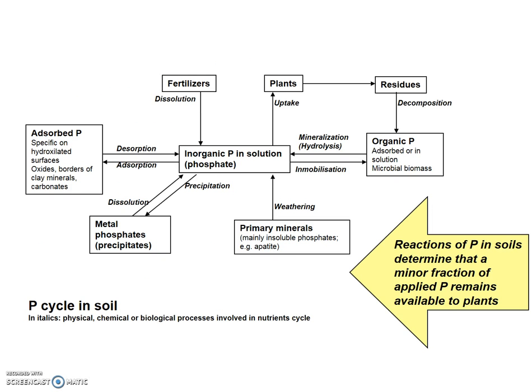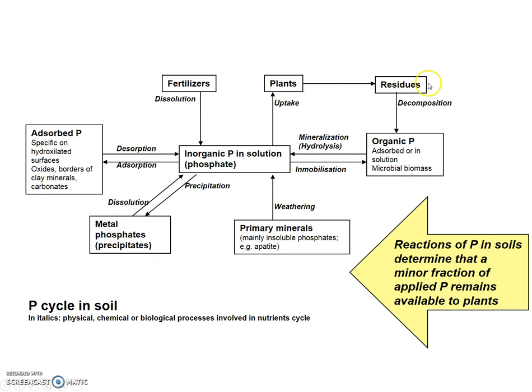This is a diagram of the phosphorus cycle in the soil. We have the different pools of inorganic phosphorus in the soil solution, as metal phosphates or adsorbed phosphate. We can increase the inorganic phosphorus by adding fertilizer, or we can remove inorganic phosphorus by plant uptake.